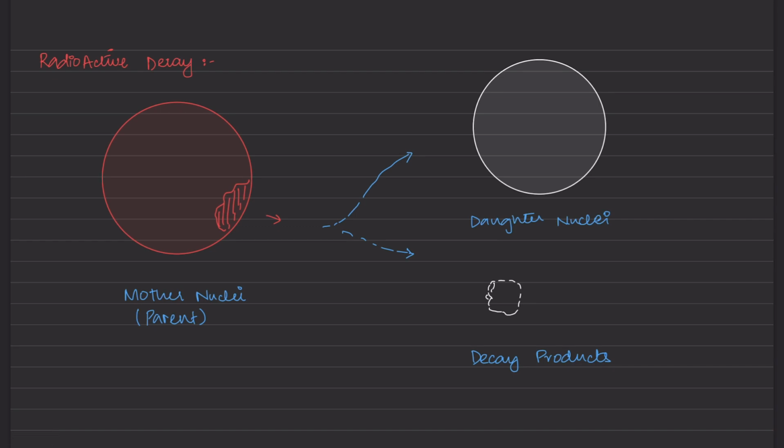So this is what we mean by radioactive decay. The mother or parent nucleus turns into a daughter nucleus, and it emits some of its particles, which we call decay products. These decay products can be alpha, beta, or gamma emission.